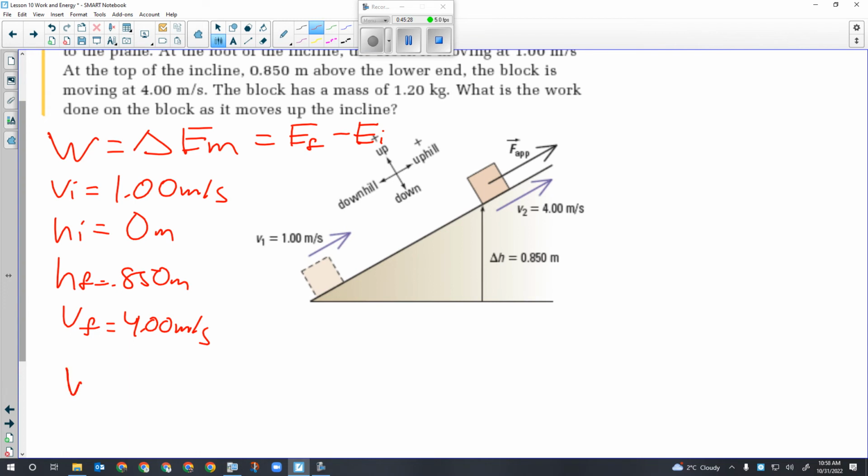So I'm going to have work equals my final kinetic plus my final potential, minus my initial kinetic plus my initial potential, which I already know is 0. I don't have any potential energy at the beginning of this question because I'm at the bottom of the ramp where I have no height. So I can take that out.